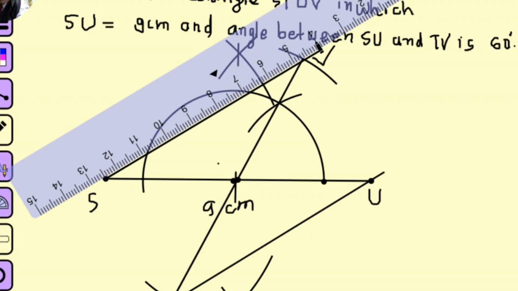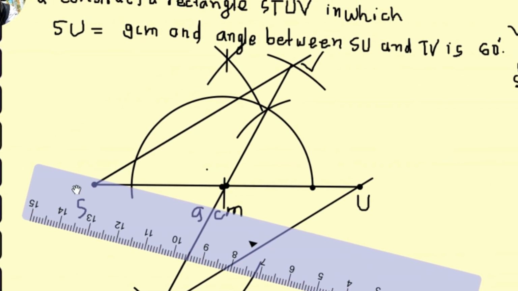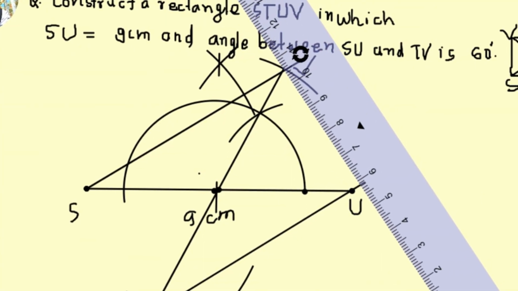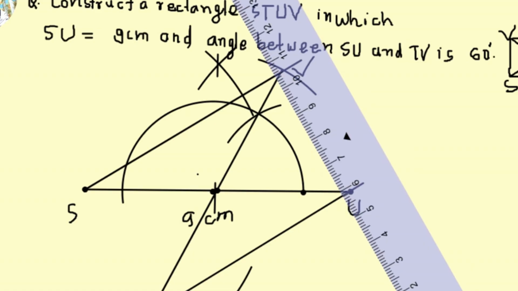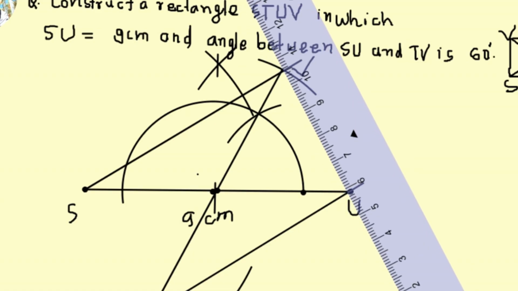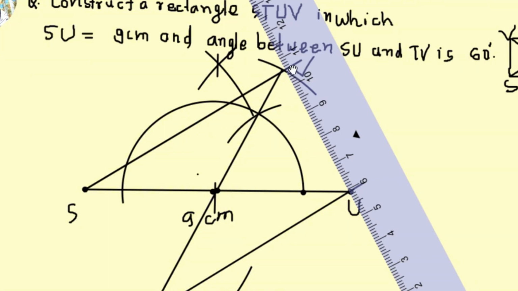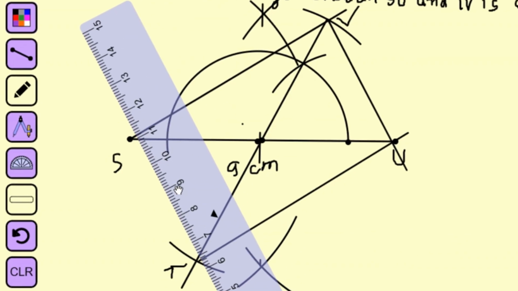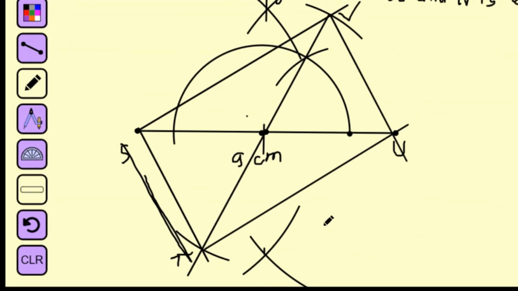And similarly now join V and U. V and U also we have to join, like this, and similarly here also join like this.